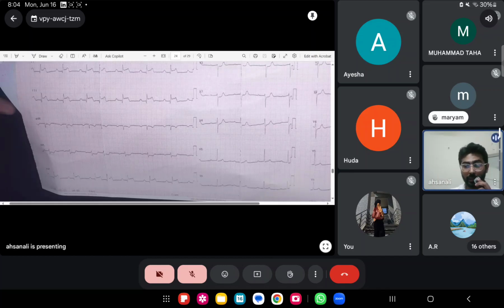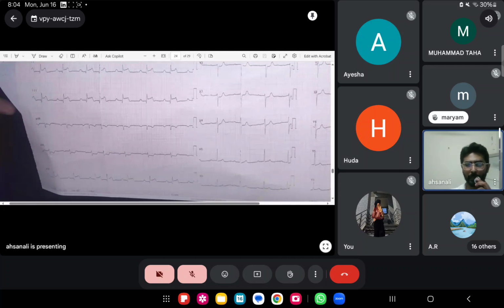One advanced thing to remember: if an ECG like this is shown to you, the next thing you are going to check for is RV infarction, which is done by the right sided ECG, and posterior wall ECG, which is going to show you posterior wall MI.